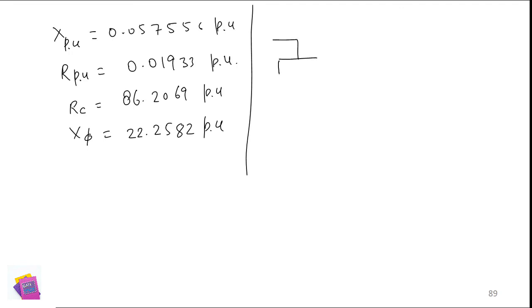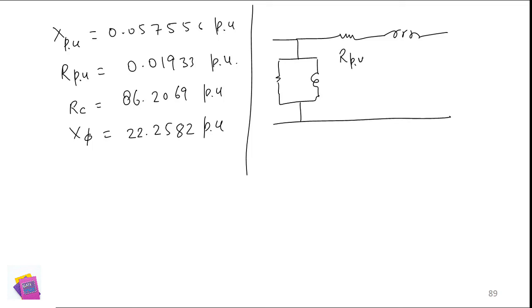Now you have to find out actual value at low voltage side of the transformer. You have to insert all these values at low voltage side because all values you have found in per unit. But in the numerical he asked actual value. So actual value, how to calculate? The low voltage side I referred to this circuit.